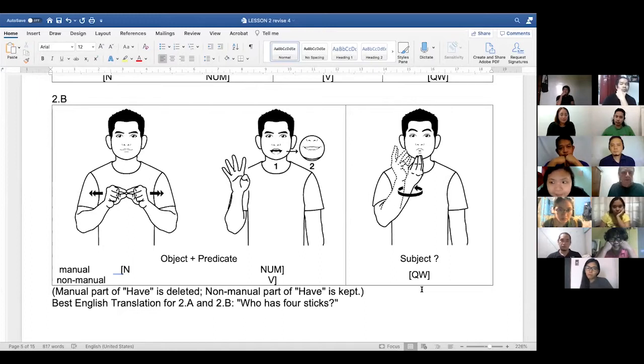All right, so best English translation for 2A and 2B, who has 4 sticks? So you want to have best English translation for 3A and 3B.